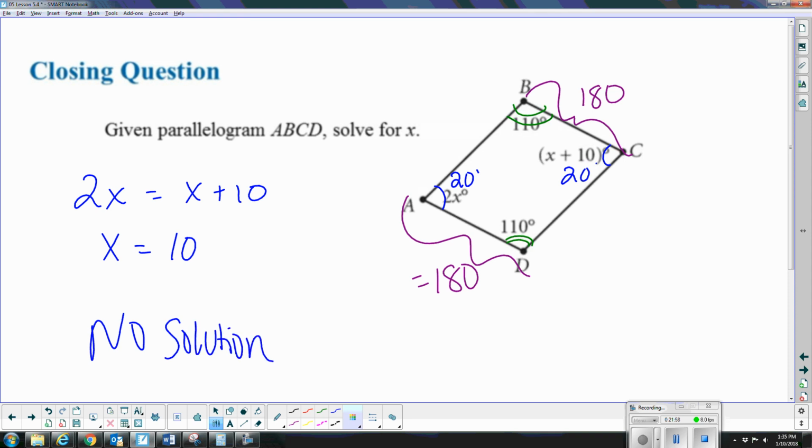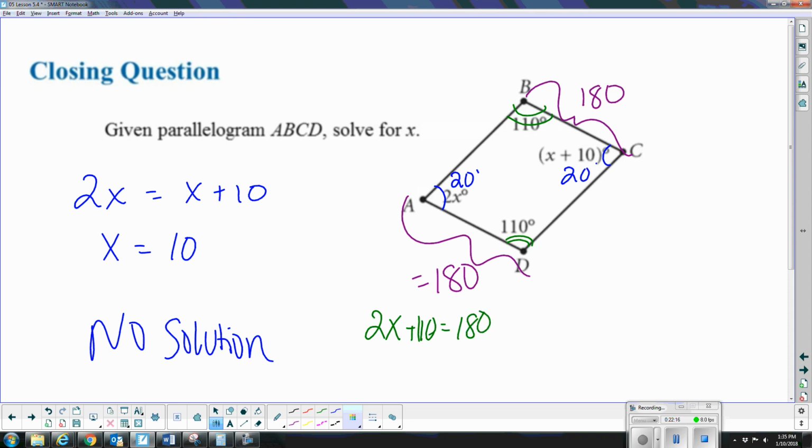So you could also start with looking to see whether or not, set the 2x and one other angle equal to 180.